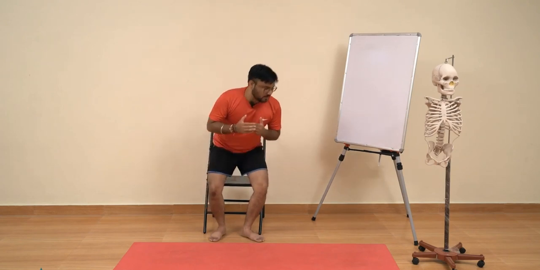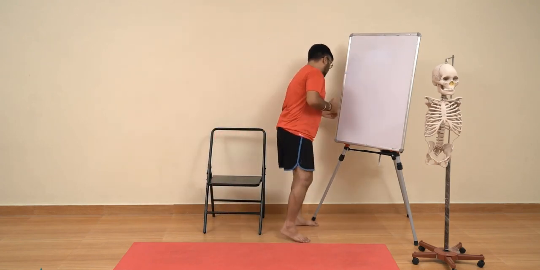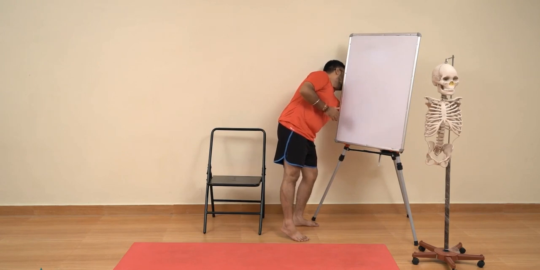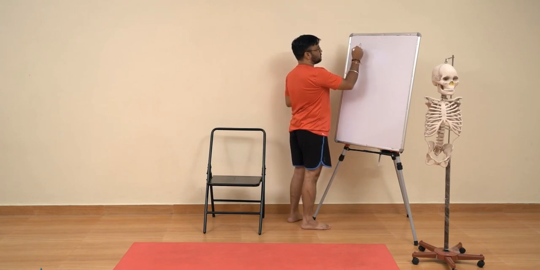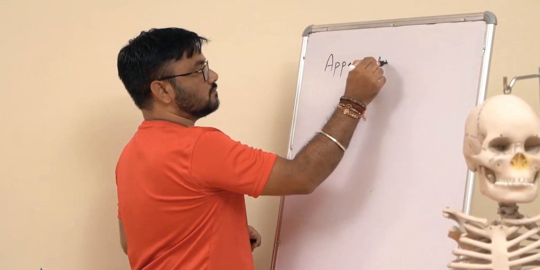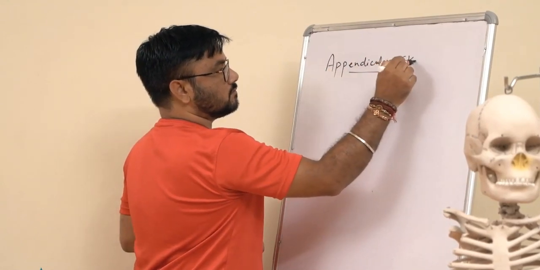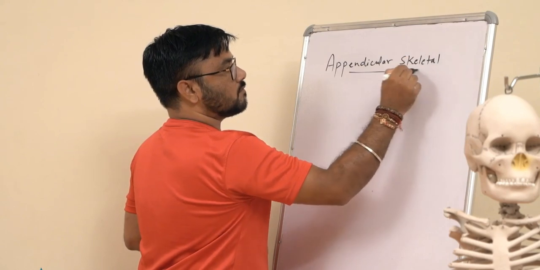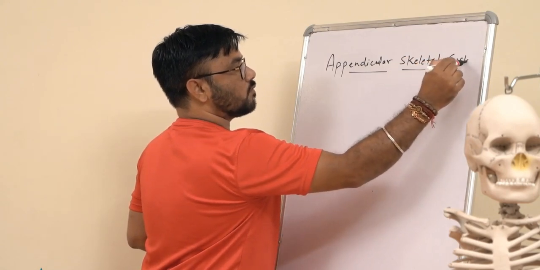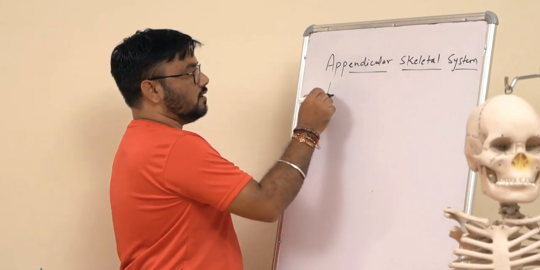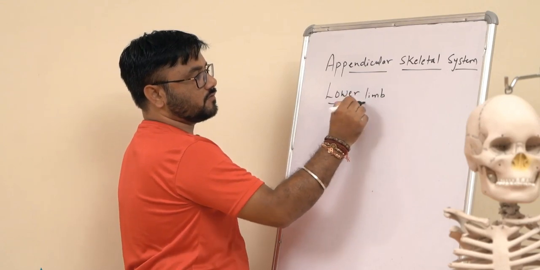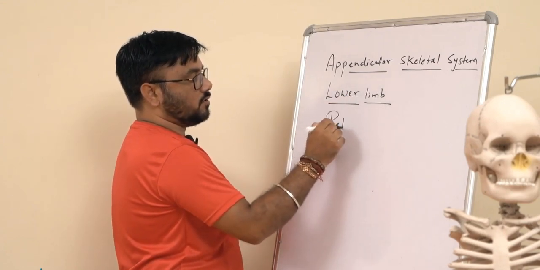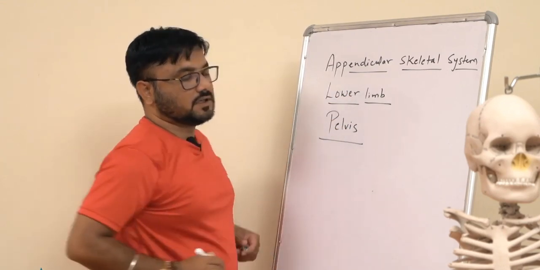So still in the appendicular skeletal system, if we talk about the lower body, the lower limb, the lower extremities. So let's talk about the pelvis.